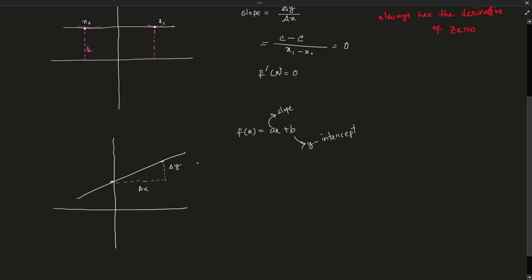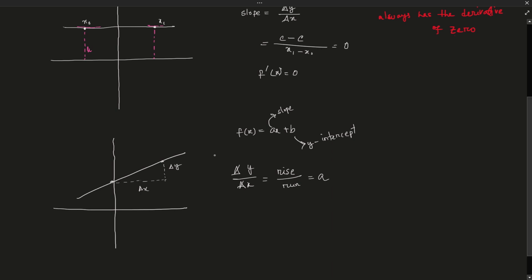Previously we have seen, as we have read before, del y by del x is equal to, that we learned before, rise over run. So it will be a. So we are getting a, which is the slope.